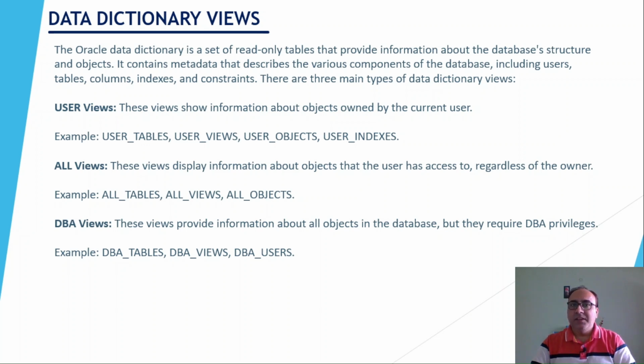So basically, if I sum up all these things, if a view has the user prefix, it will display information related to objects owned by that user. If it has the all prefix, it will display information accessible to the currently logged in user. And if a view has the DBA prefix, it will display information regarding all the objects within the database.